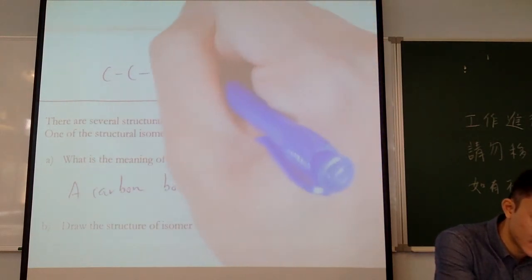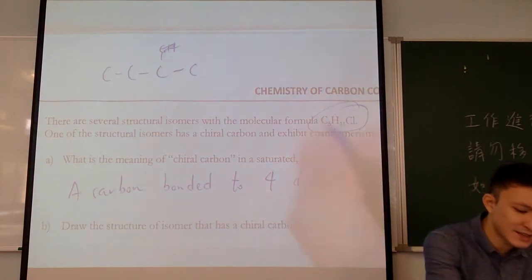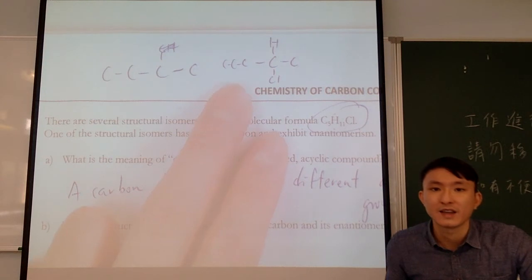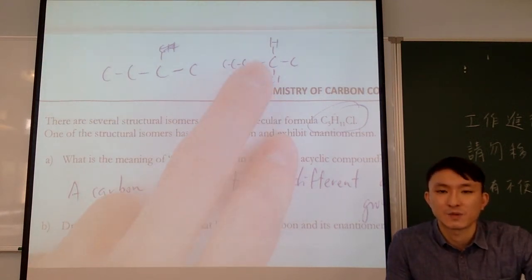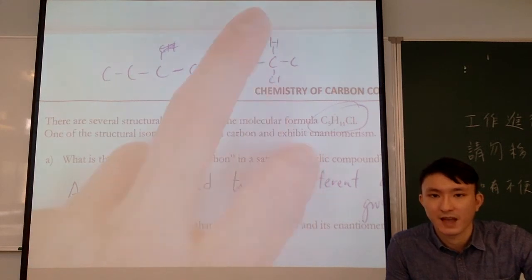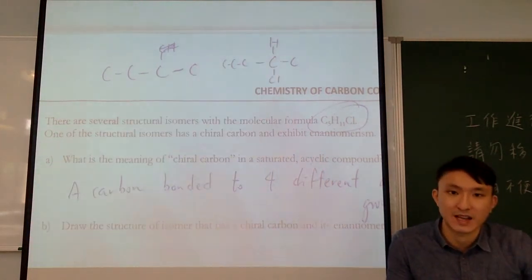Not this one, sorry. Let me think. Probably this one. And then we have the propyl group that follows. Okay, so that one, you see this one will be the chiral center, methyl group, propyl group, chloro group, and hydrogen atom. So this one will be the chiral center.